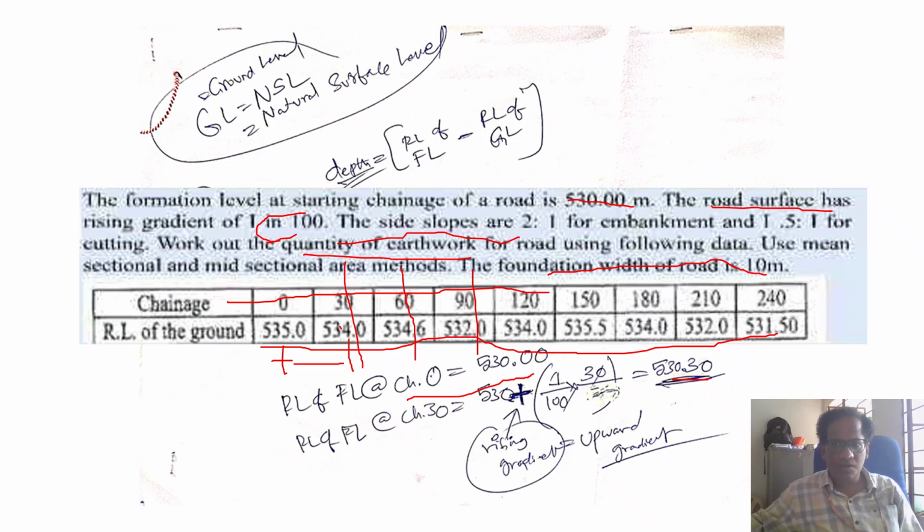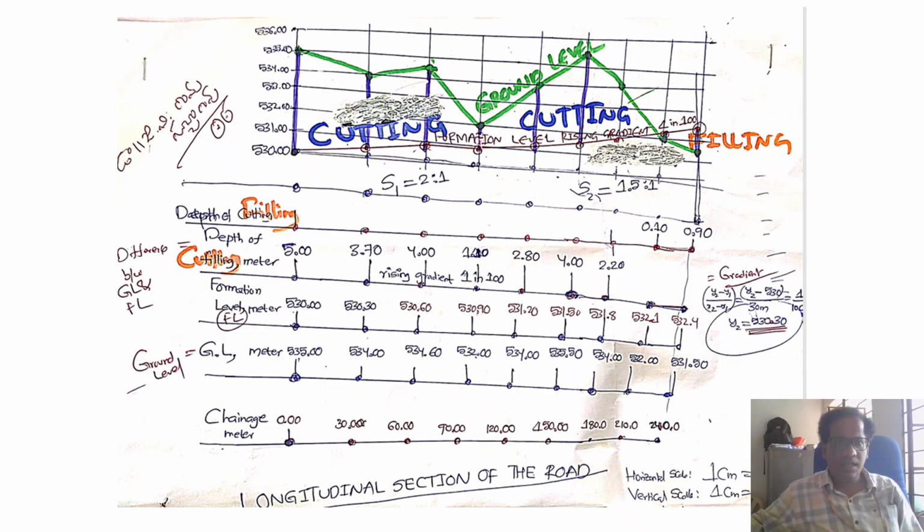Now let's proceed. This is the longitudinal section of the road. Here one can see the ground level and we have the formation level. It is interesting to see that we have both cutting and filling for this road surface.